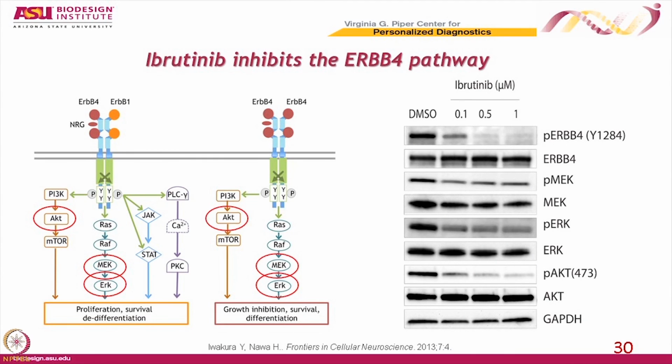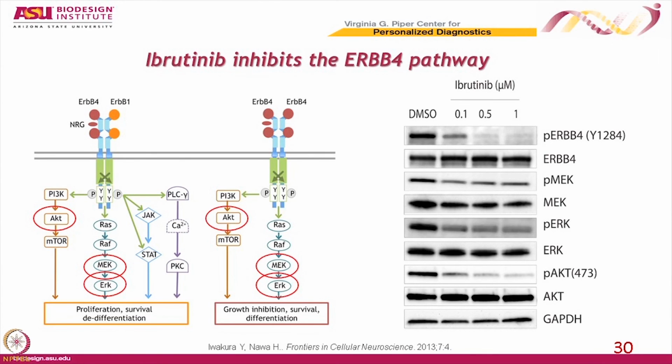So here you see that, first of all, ERBB4 itself is less phosphorylated with drug. So that tells you right there that it itself is being inhibited by drug. And then here you see phospho-MEK is going down, not dramatically. Phospho-ERK is definitely going down, and phospho-AKT is certainly going down. And keep in mind that the level of AKT is the same.